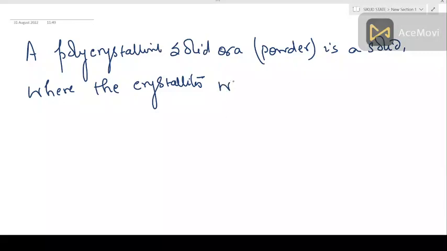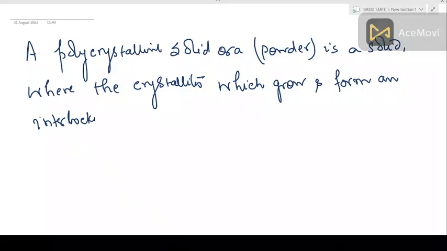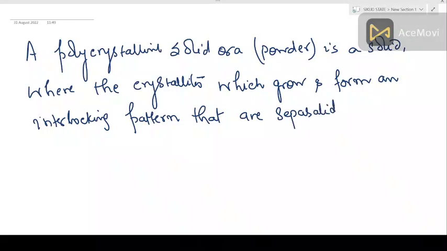Crystallites which grow and form an interlocking pattern that are separated from each other by boundaries called grain boundaries.